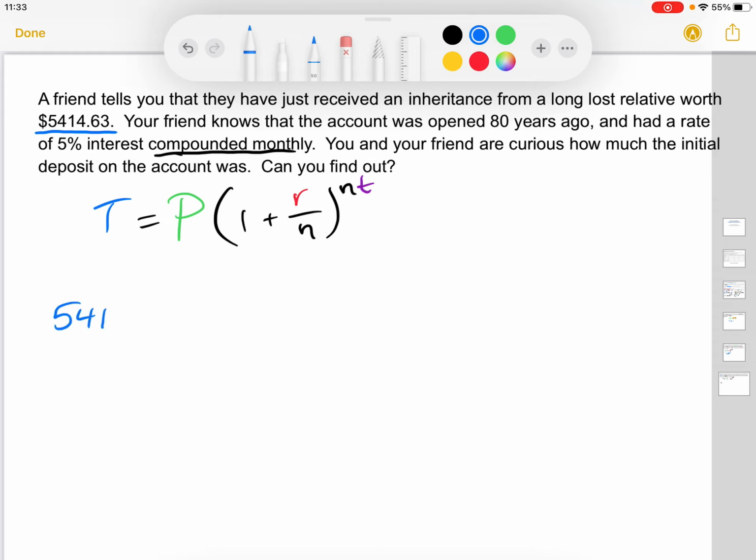So $5,414.63 is not our principal, because that's what we are trying to find out, right? The initial deposit is unknown. So the initial deposit is still P, right? This is the unknown initial value.